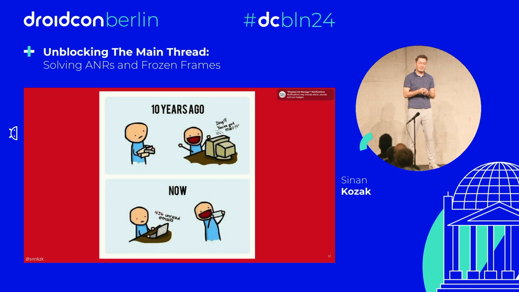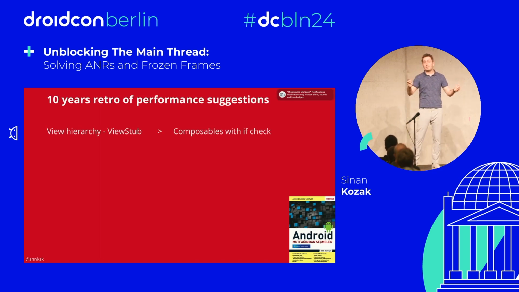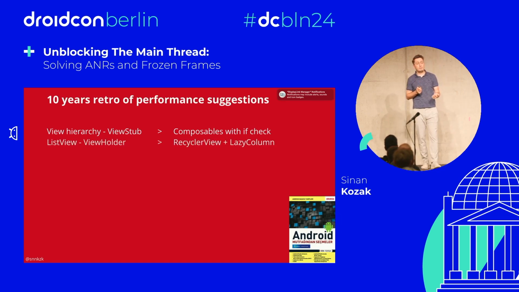We are integrating more features, more things, but we still need to do some optimization, and it's our responsibility to do so. 10 years ago, my suggestion was using the view hierarchy and view stubs. If you are using XML-based views, it's still viable, but in Compose, it's much easier. With an if check, you get your basic view stub logic. We had list view. Then 6 years ago, we got the RecyclerView, and now we have LazyColumn.